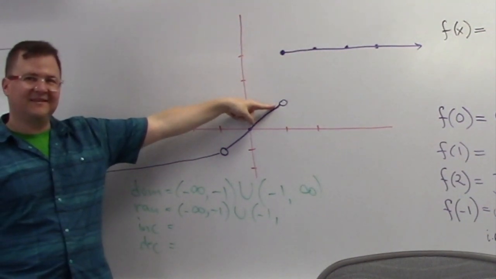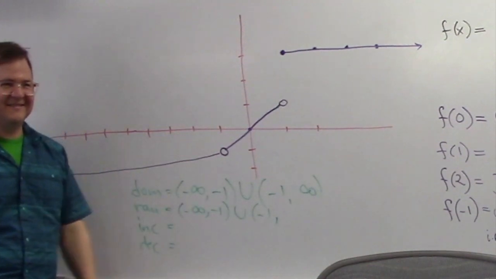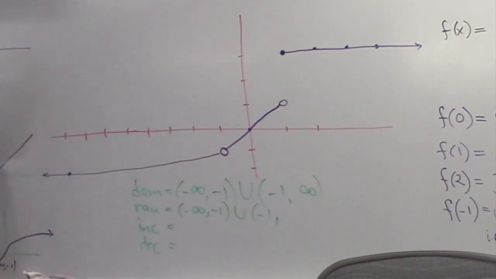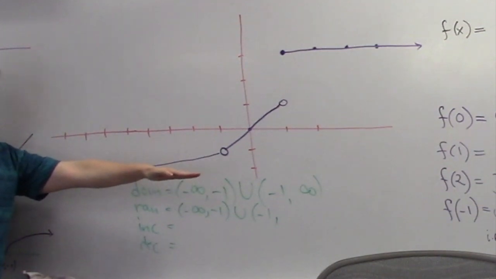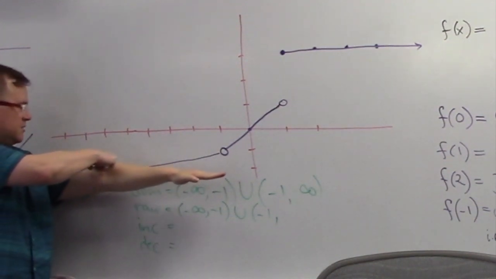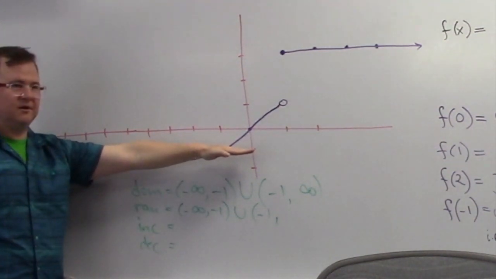So, in the first one, would it be negative infinity to 1? Well, it's not included. I would say no, because I can't find any point on the graph that has a y-coordinate of negative 1. Think of it this way. At least in my mind, I'm imagining a horizontal line that's just scanning upward, and I'm picking up y-coordinates along here until I get to negative 1.